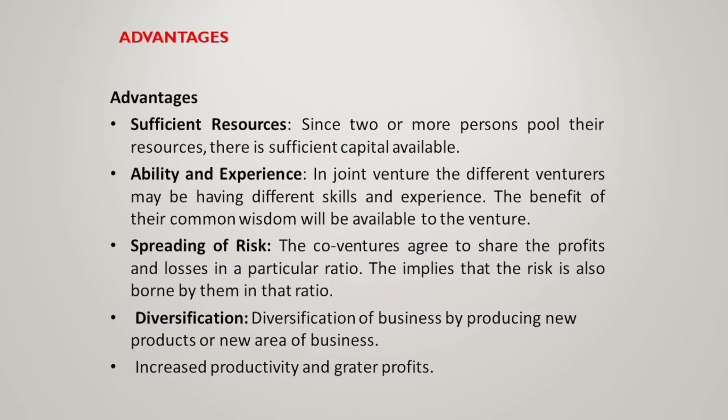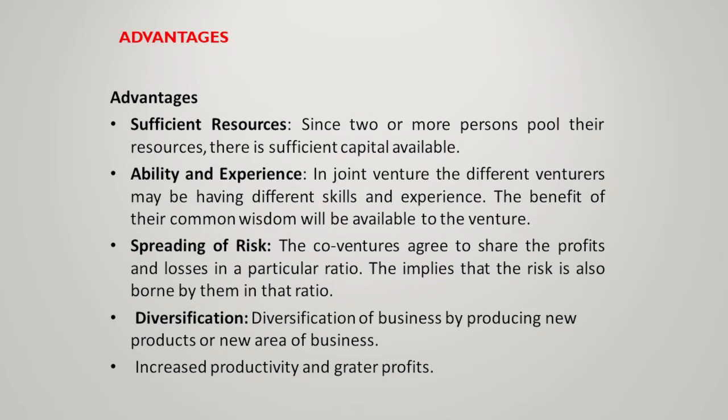The common wisdom will be available to the venture. Already earlier I explained. One person X is the finance company. He has the ability to invest the money, and Y is working as an engineer in some other company. He has expertise in laying the roads. The benefit of their common wisdom will be available to the venture. Now they themselves take one contract from the government for laying the roads, and they will execute the project.